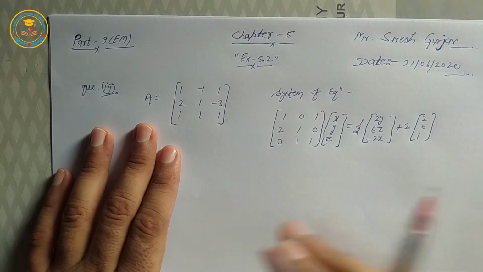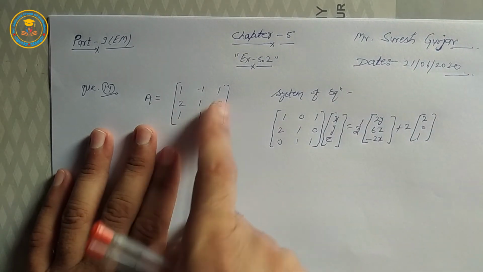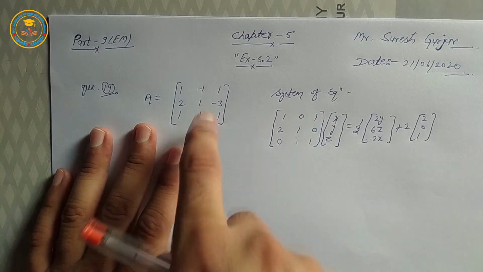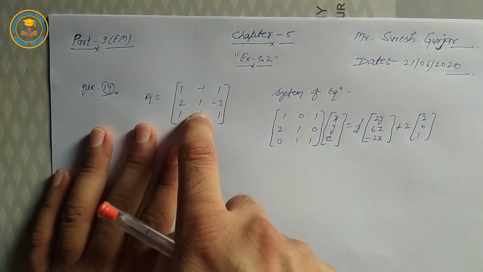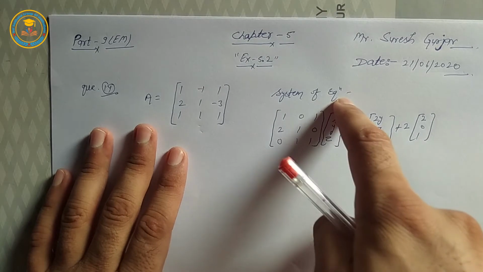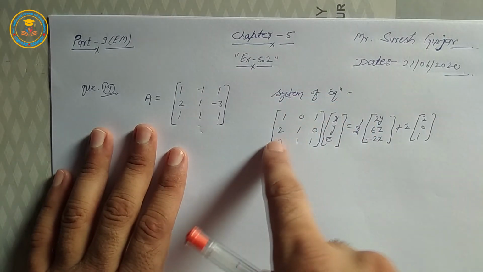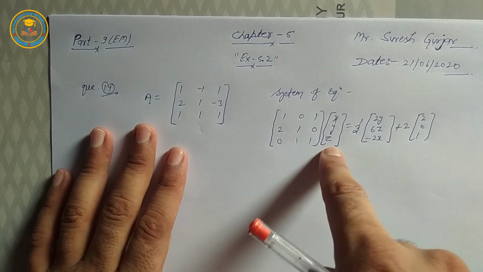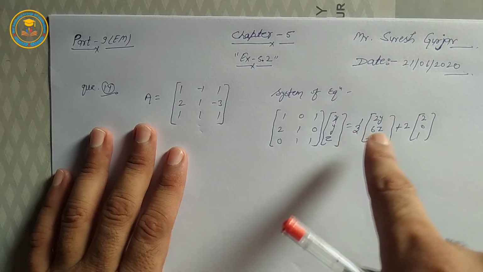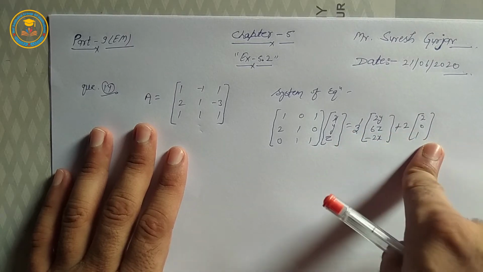Again, find the inverse matrix of matrix A, and with the help of it solve the following system of equations. Matrix A into matrix X is equal to 1 by 2 into a matrix plus 2 into a matrix.